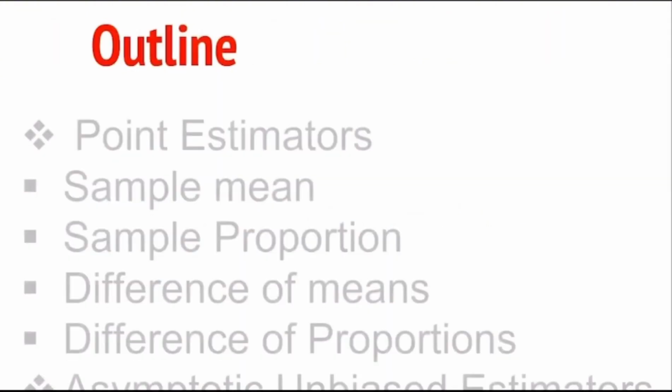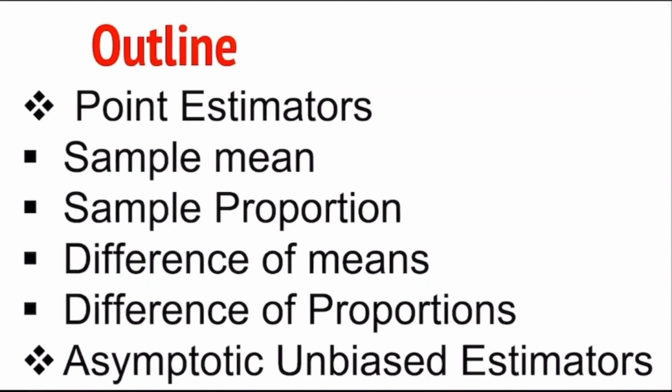So, in the outline, I'm going to focus on point estimators. Of course, in the last class, I said that the estimator can be divided into two. We got point, we got interval.